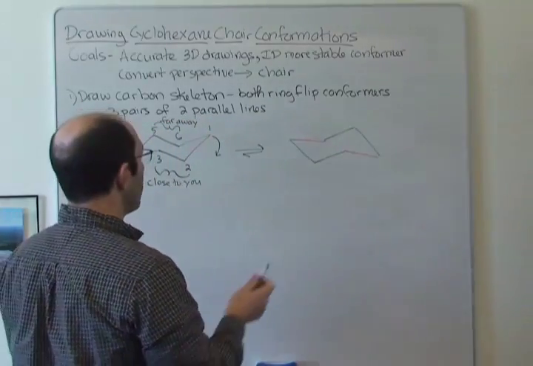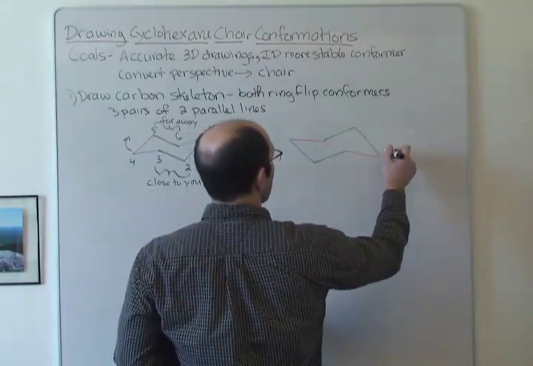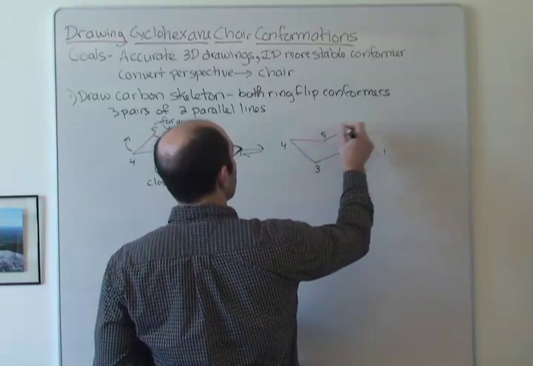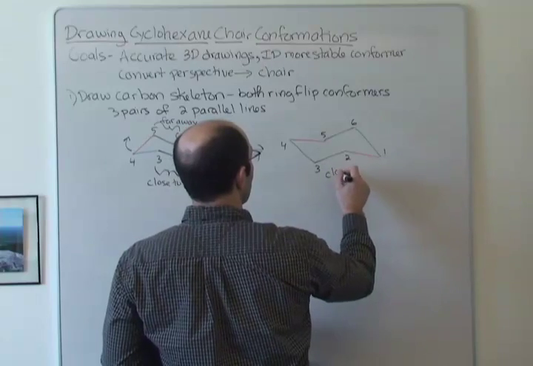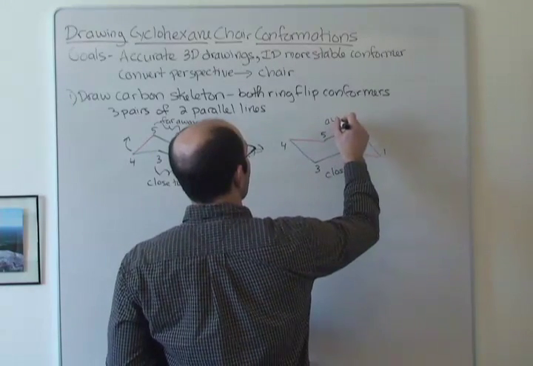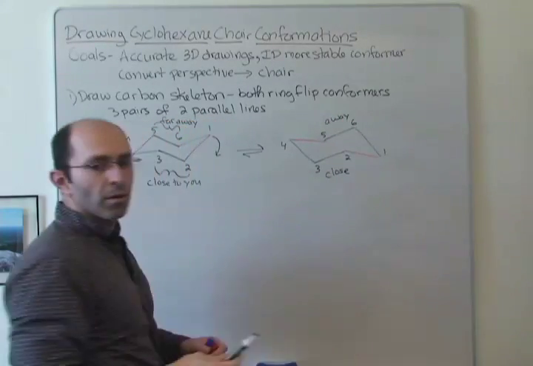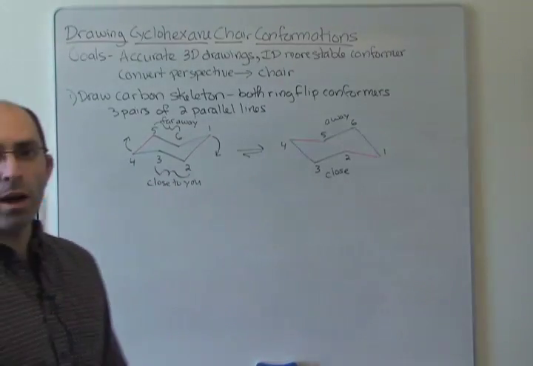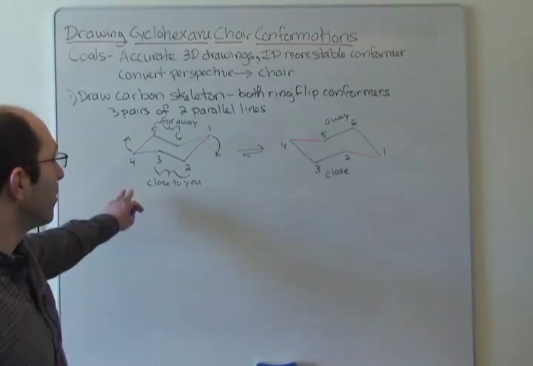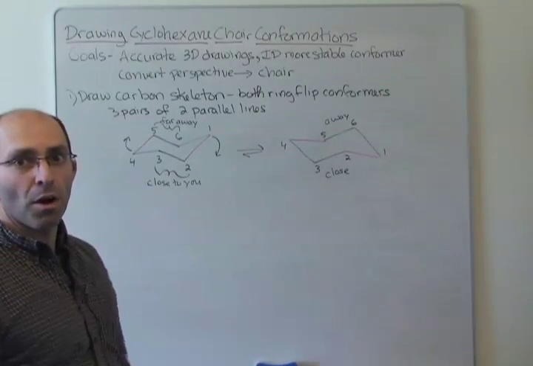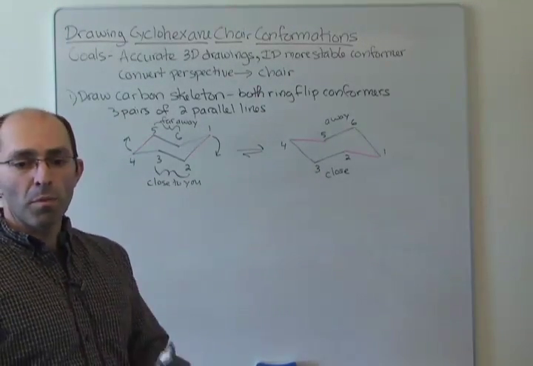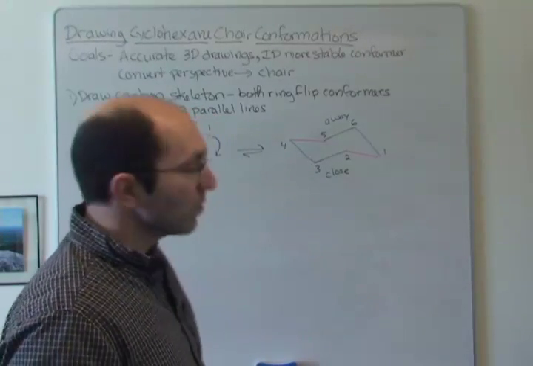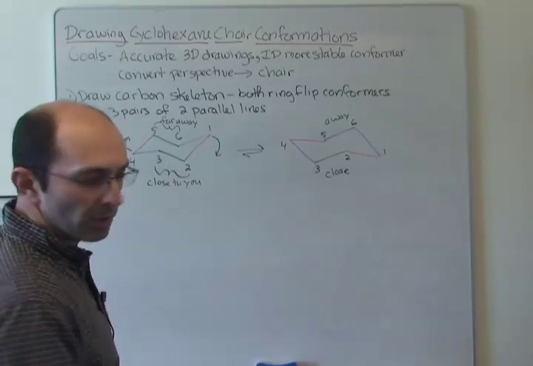Now we have carbon 1, 2, 3, 4, 5, and 6, and again, these are close and these are away. That's what you should be able to do after you practice: draw both of these chair conformers and be able, with your model, to go back and forth. Practice that, and make sure you can do it quickly.